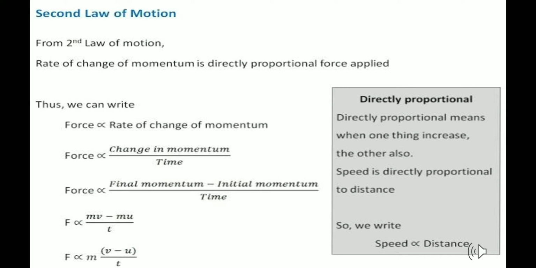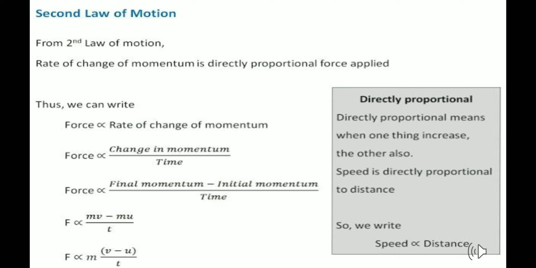Okay. Now how? We said that force is directly proportional to mass and velocity. So if I club mass and velocity together, that means if I multiply mass and velocity, force is directly proportional to the product of mass and velocity. Now, force is directly proportional to rate of change in momentum.